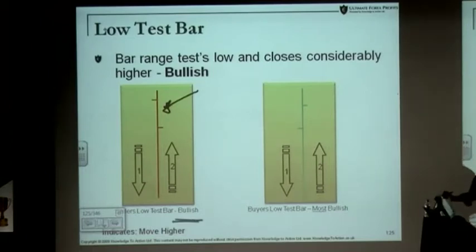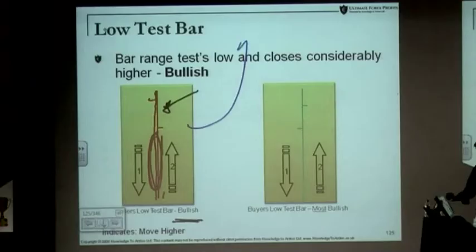What that means is that the bar opened here, it went up a bit, and then it fell. But then it pinged back. In other words, it left this long tail. And therefore we expect it to be bullish. What does that mean? Well, we expect what happens next to go up, correct. Now this bar here is what we call a buyer's low test bar.